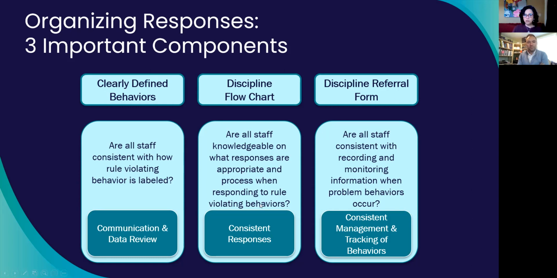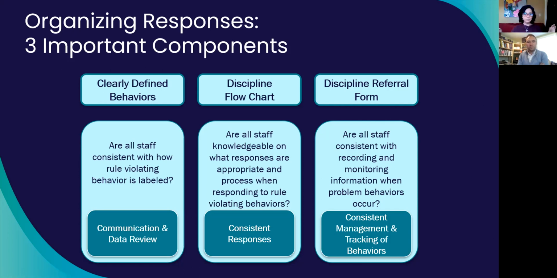A discipline flowchart or a discipline level rubric helps staff to determine which responses and interventions are appropriate for different behaviors. They provide a nice visual process for responding to behaviors and how we track those behavioral incidences. Again, this leads to more consistent responses and follow through by adults. And it also can help to reduce disproportionality in your referrals.